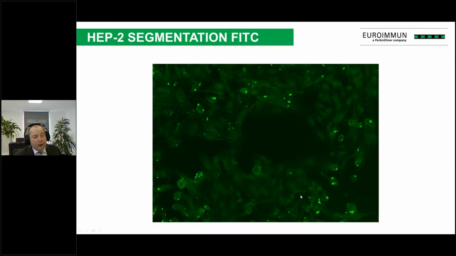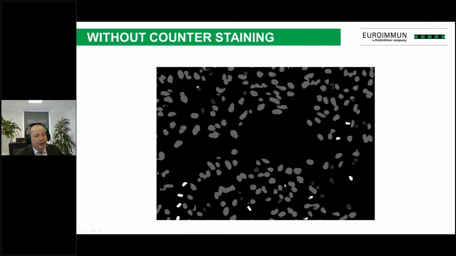But we try to recognize the nucleus here, and here you can find the image created by the computer, and you see all interphase cells are recognized very well, but also mitosis cells. It means now we can work without counter staining for very good diagnostic.